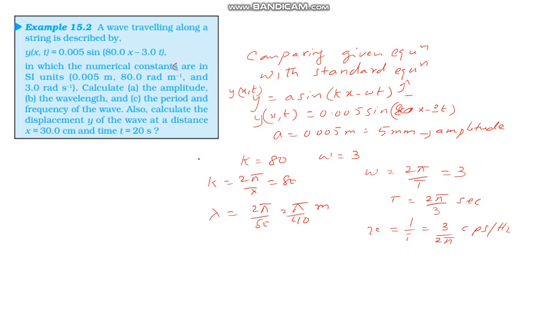Now he is asking you at a particular location, x is equal to 30 centimeter and t is equal to 20 seconds, what is the value of y? So again you have to go back to the general equation, the original equation: 0.005 sine (80x minus 3t).